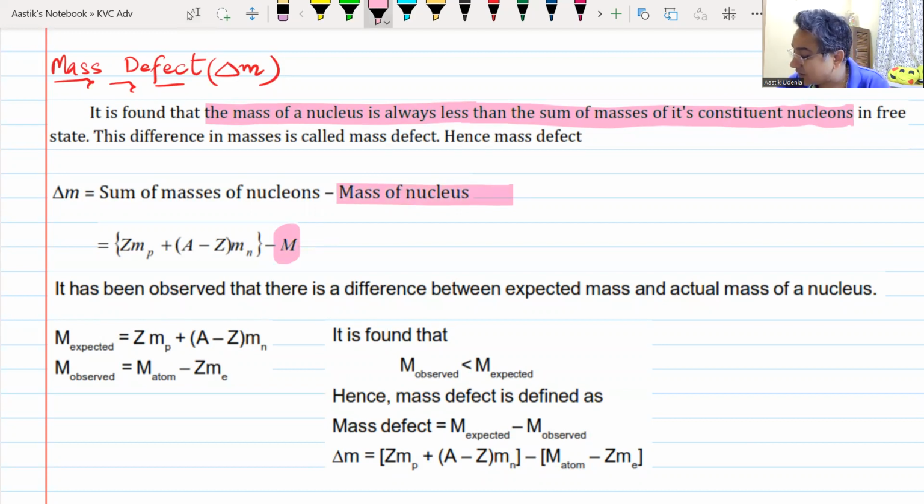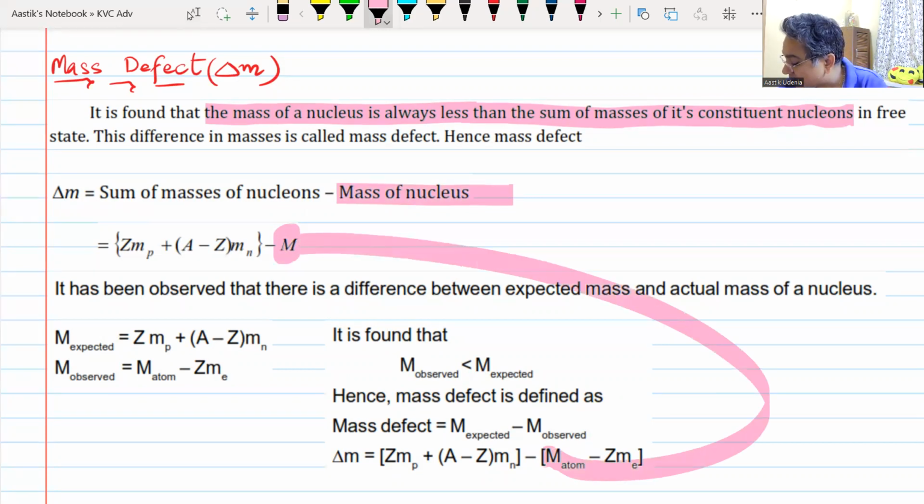How do you find out the mass of the nucleus? You subtract the mass of the electron from the mass of the atom. I'll give you 2 minutes to note this down.